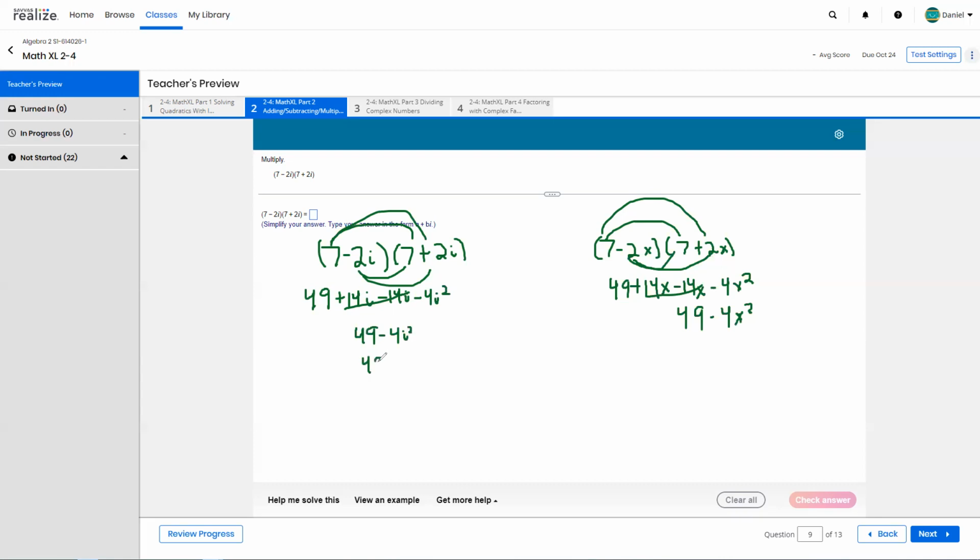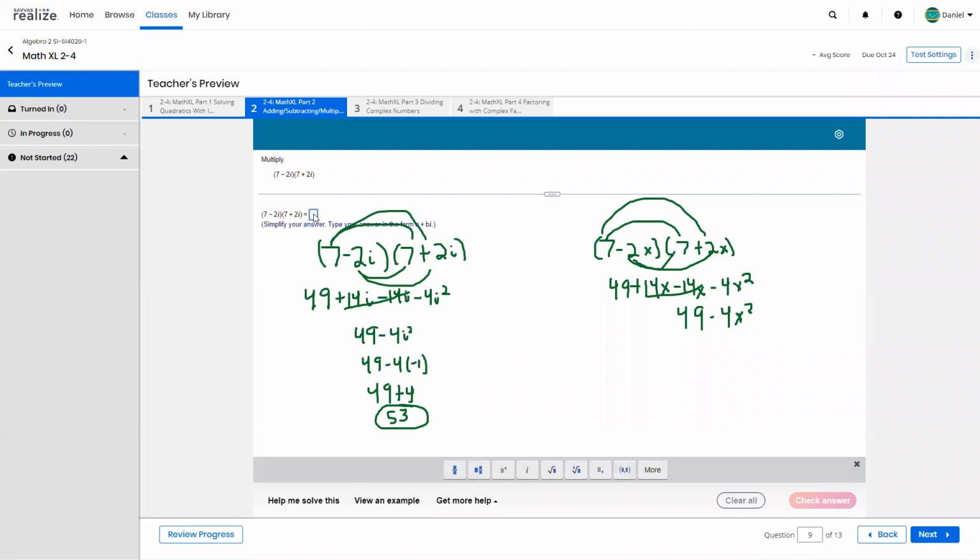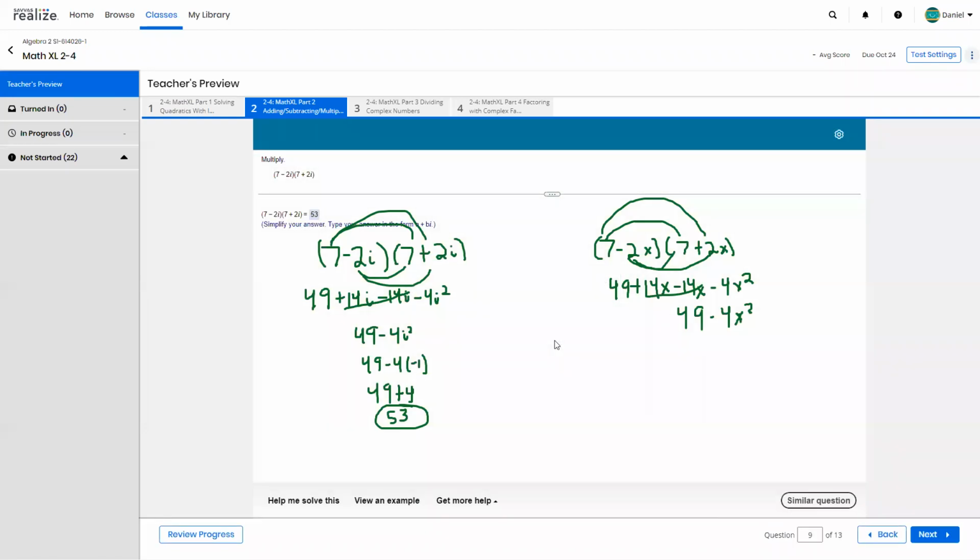For i squared, though, I can substitute in a negative 1. So now I have 49 plus 4, which gives me 53. Which is a real number. So our answer, though, it says a plus bi, but in this case, our answer is a real number, which is just 53.